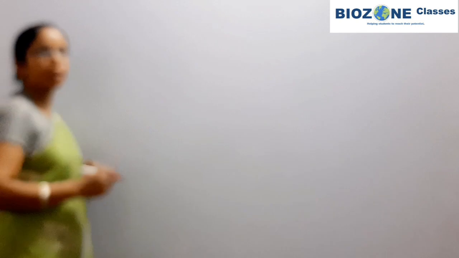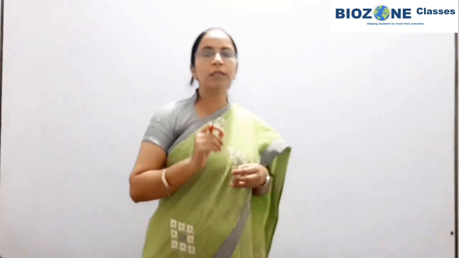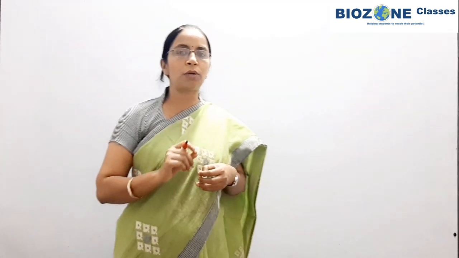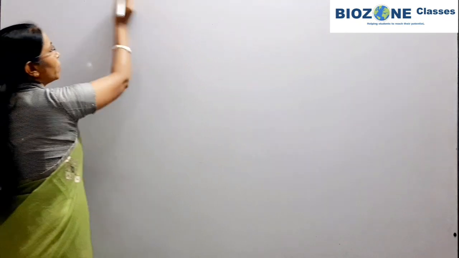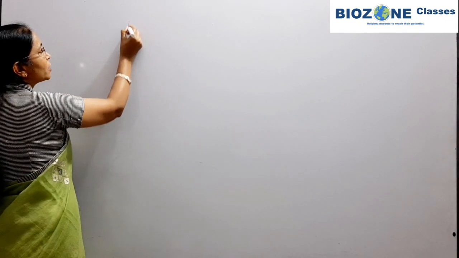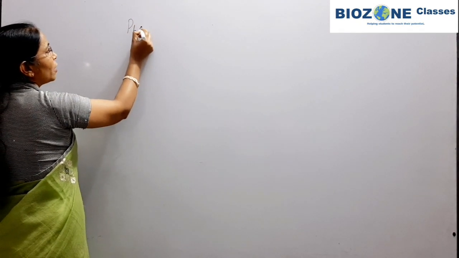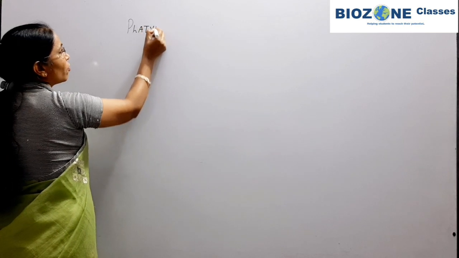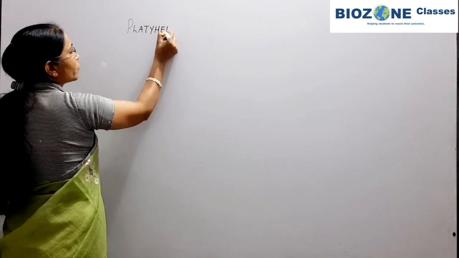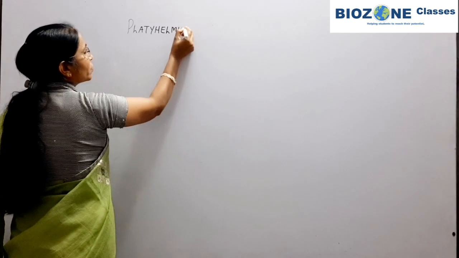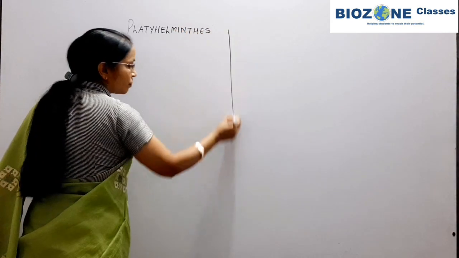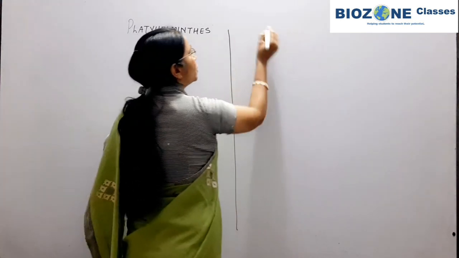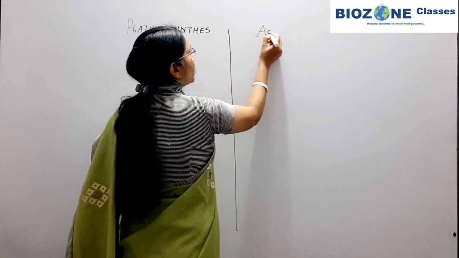The members of Aschelminthes, you remember, are also called Nematoda, or the phylum is also known as Nemathelminthes. So here we make a comparative analysis for Platyhelminthes as well as for Aschelminthes, or Nematoda, you can remember.